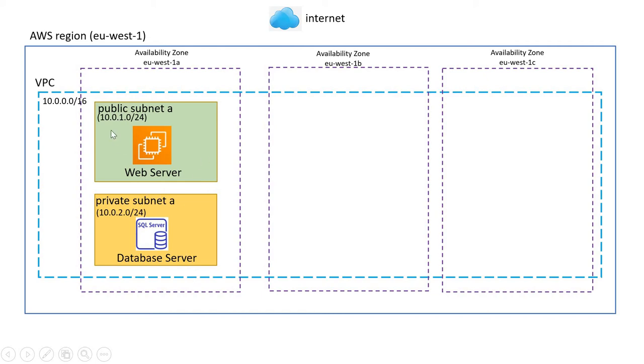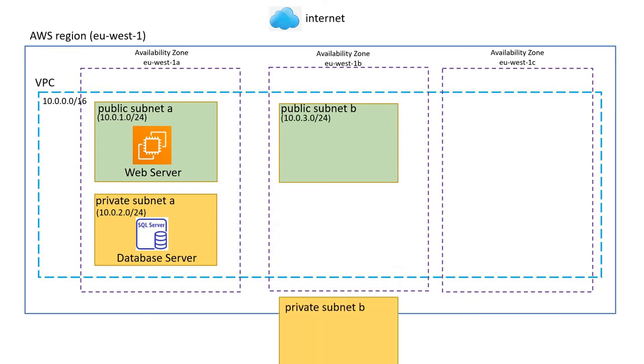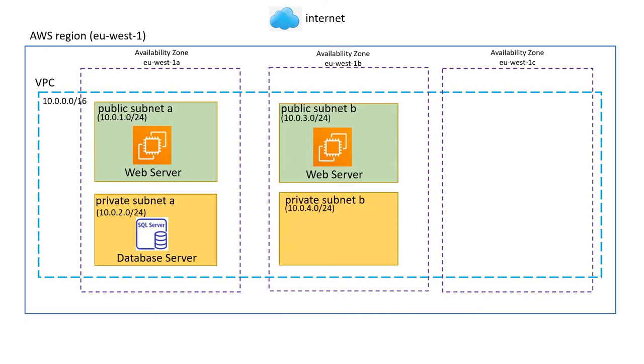So in this way we can create different subnets in our VPC, and one availability zone can have multiple subnets, but the subnets cannot span across availability zones. So in order to achieve high availability we can create subnets in different availability zones and place our resources in different availability zones.